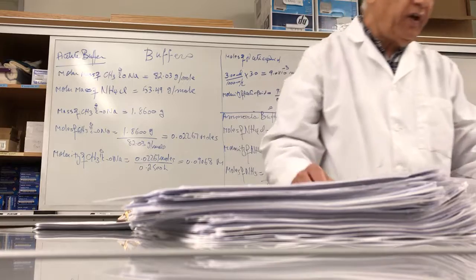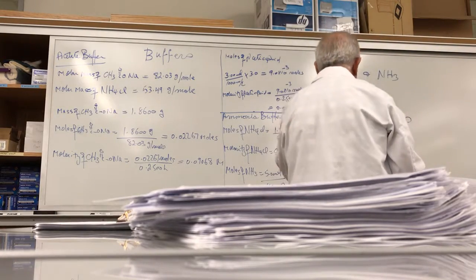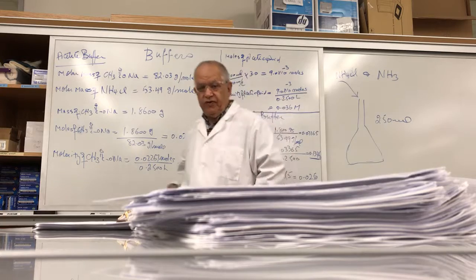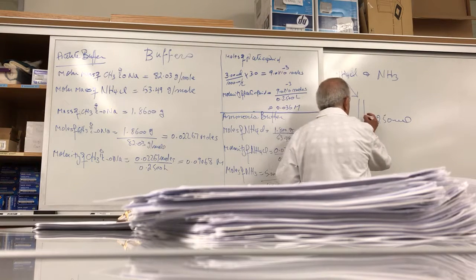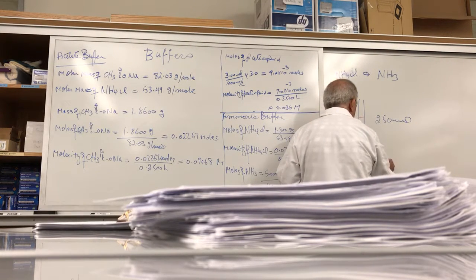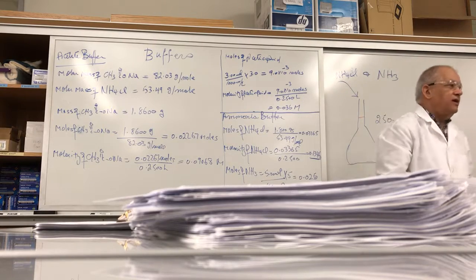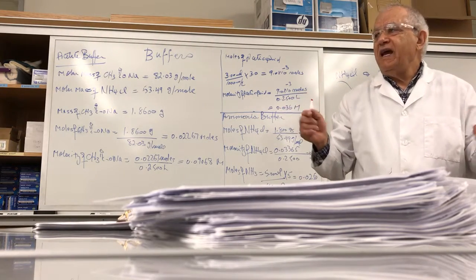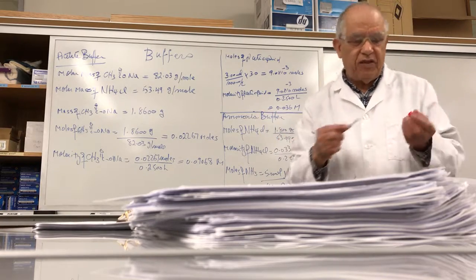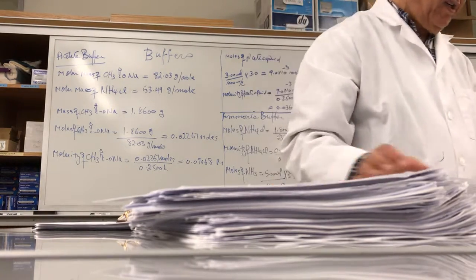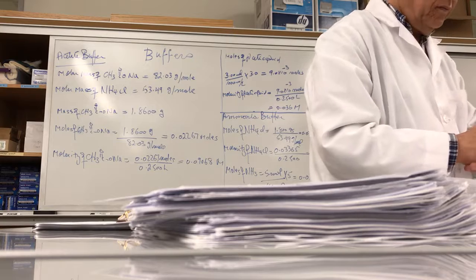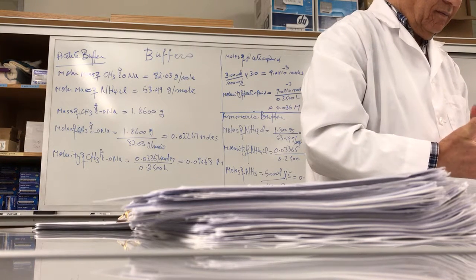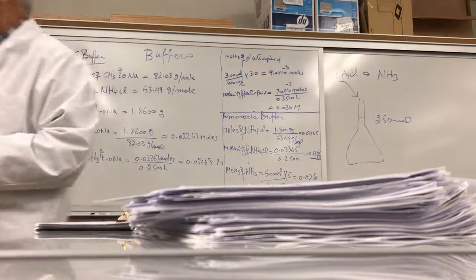So up to here, you've prepared your buffer, guys. If you were doing it in a wet lab, you would have prepared your buffer for the acid and found its molarity, and then the same for the ammonia. So you already have 2 solutions, and that's where you would do the measurement. We're not going to do the measurement; we're going to move to the next calculation. Up to here, you can do this, right?